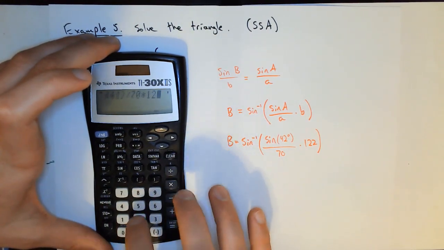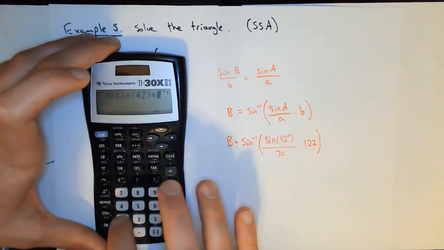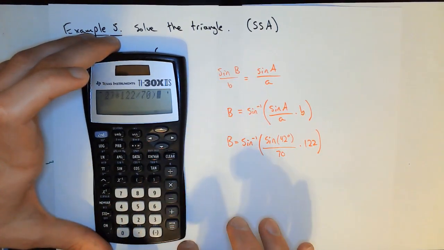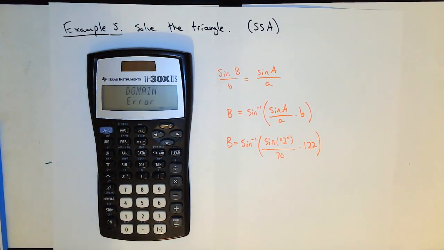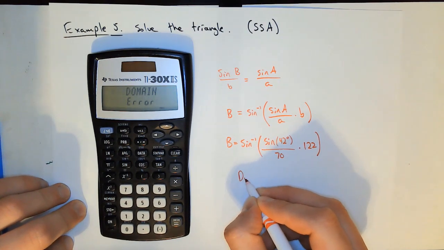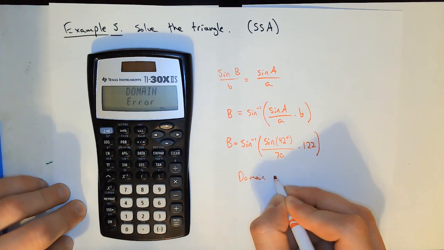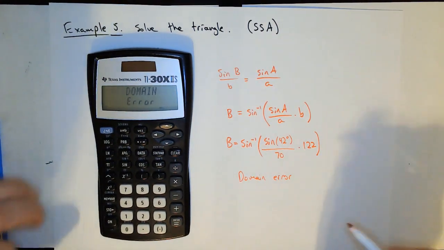Times 122. Oh, you know what, let me do that the other way. I'm going to do times 122 and then divided by 70, just to make sure my calculator doesn't. Domain error. Okay, so I'm getting a domain error. Why? What does that mean? It means literally I've broken out of the domain of sine inverse.